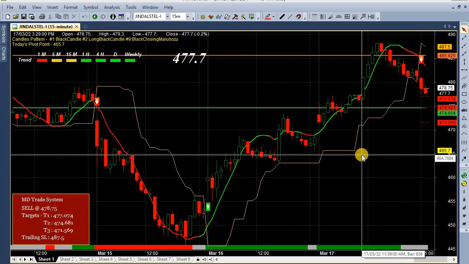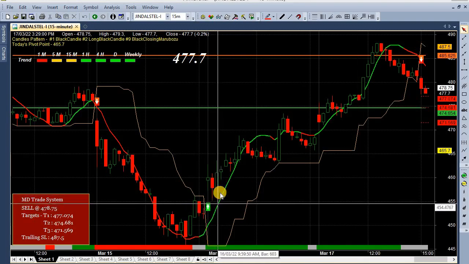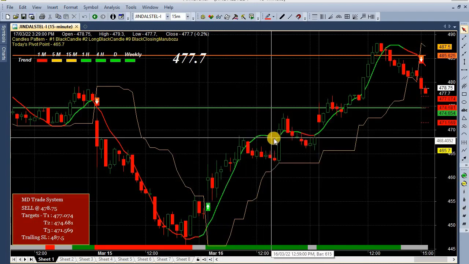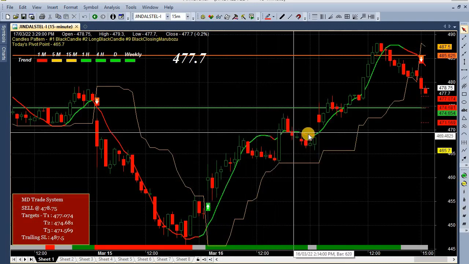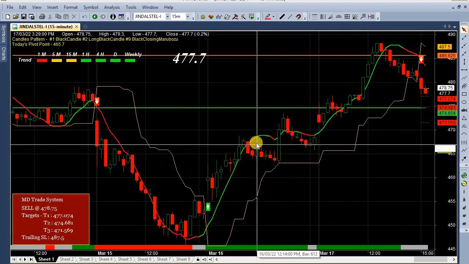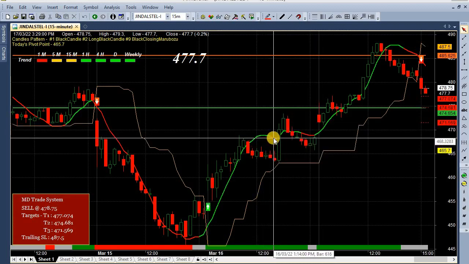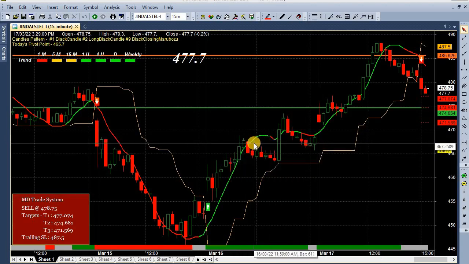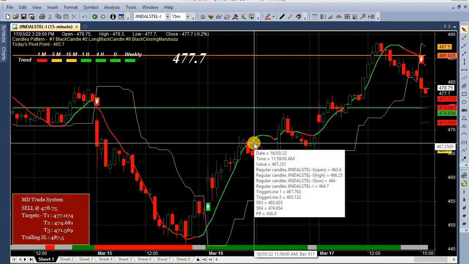These advanced indicators are, first, a trend line. You can see a trend line running in parallel to your candles, having a green color and a red color. This will denote the current market trend.